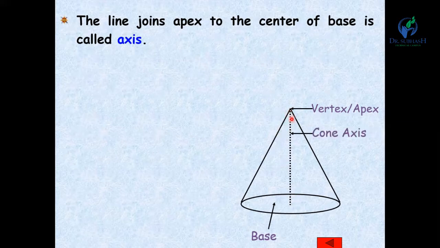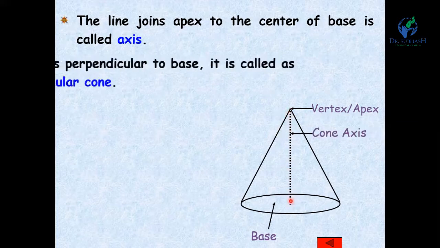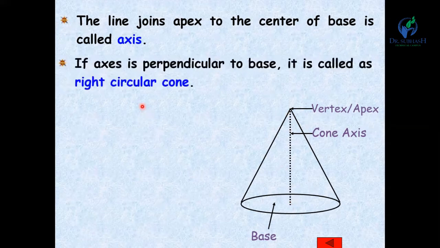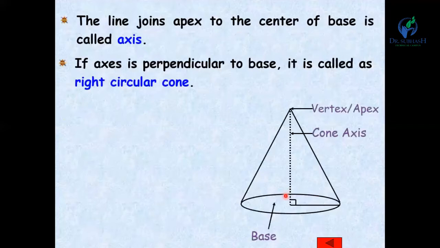You can see this dashed line, which is known as the axis of the cone. If the axis is perpendicular to the base, it is called a right circular cone. Here you can see this axis is perpendicular to this base. That's why such a cone is known as the right circular cone.